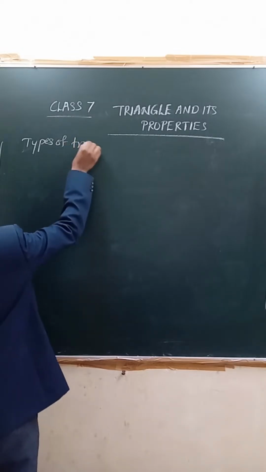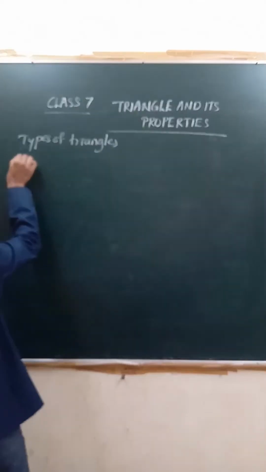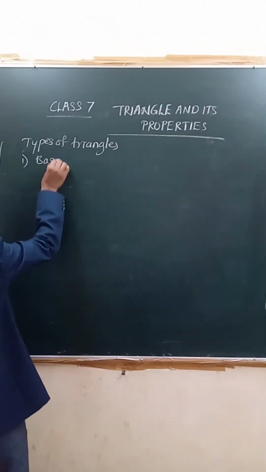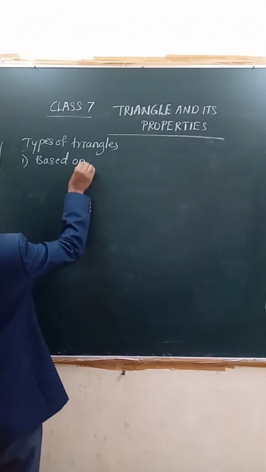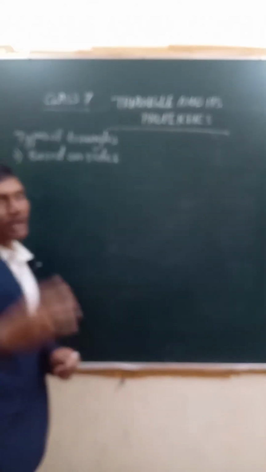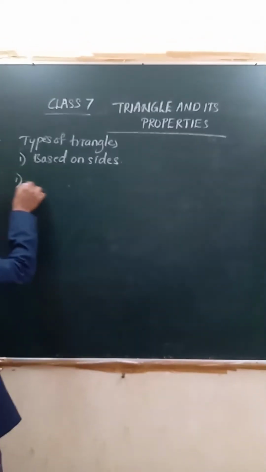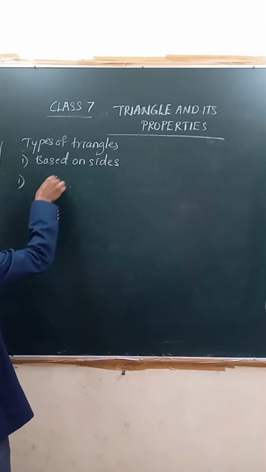Here, the first one is the condition based on sides. So simple. Based on sides, three types of triangles we can draw. Three types. Which are those? First one, just look at this.